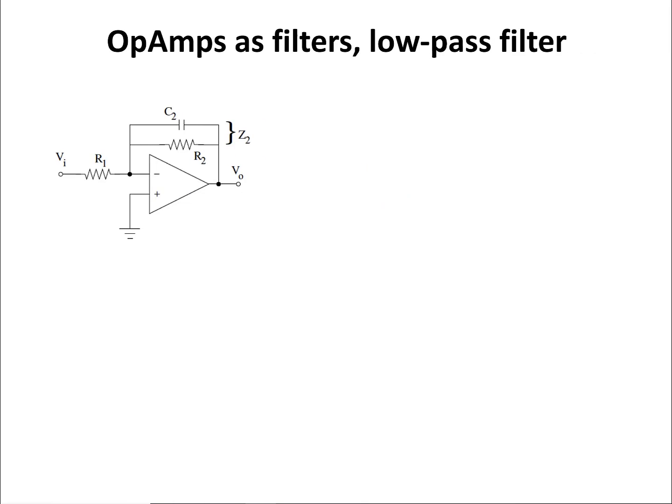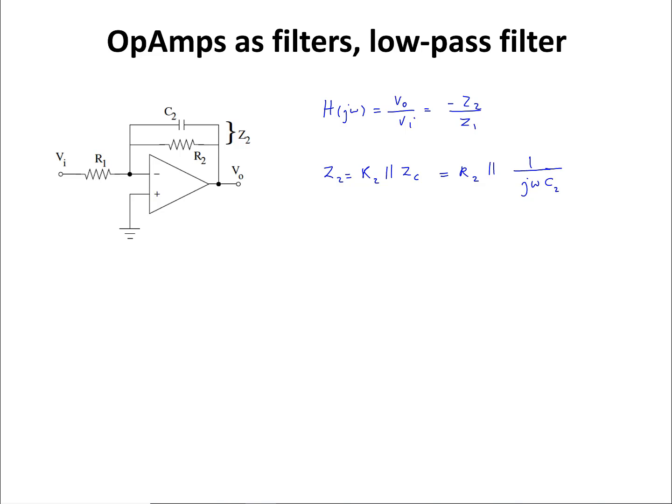So the first active filter implemented with op-amps that we're going to see today is a low-pass filter. I'm going to write H of j omega as V out over V in. That is going to be equal to negative Z2 over Z1. Now Z2 is R2 in parallel with the impedance of the capacitor, and that's going to be equal to R2 in parallel with 1 over j omega C2.